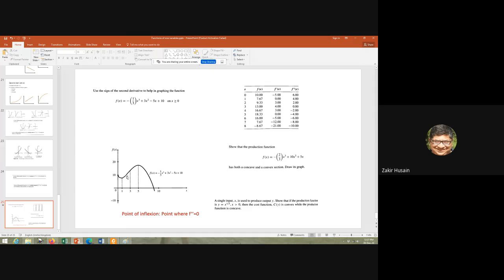Here also you can see that initially it is convex, then it becomes concave. So at some point, the second derivative has to become 0. So we will have a point of inflection somewhere over here. This is for the first function. The first function and second function are structurally similar.